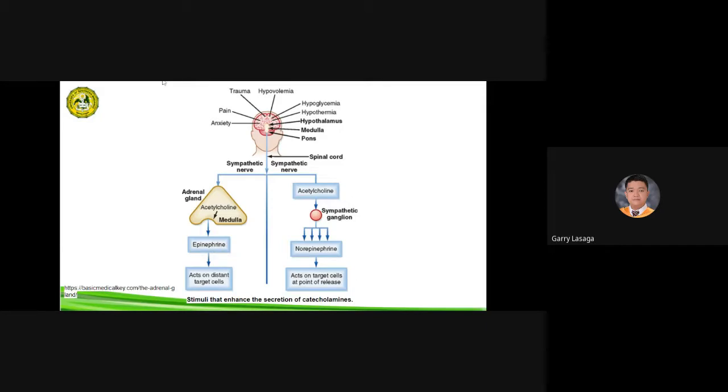So why are our epinephrine and norepinephrine called hormones? Why are they called hormones? Our catecholamines, the epinephrine and norepinephrine, are considered as hormones because they are produced in the adrenal gland or the adrenal medulla, and they will act on distant cells or target tissues.